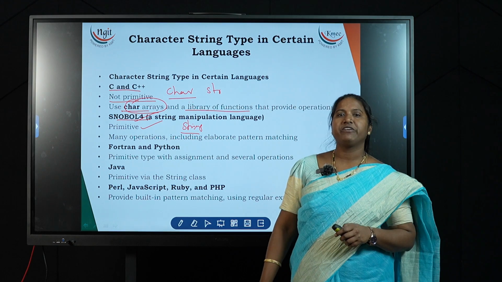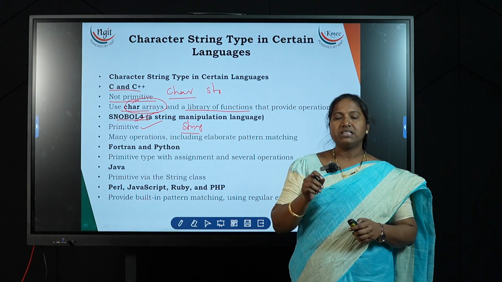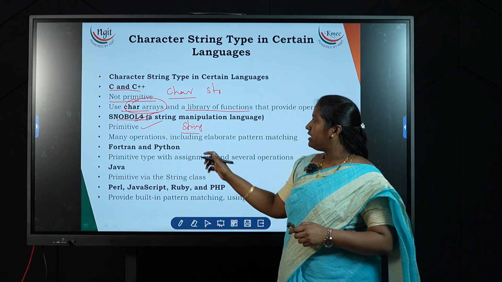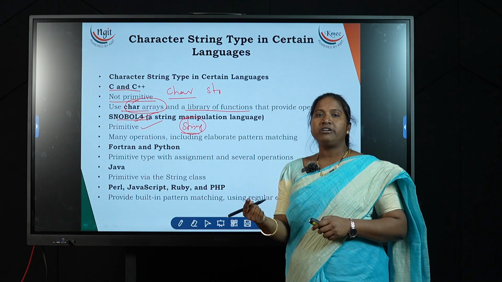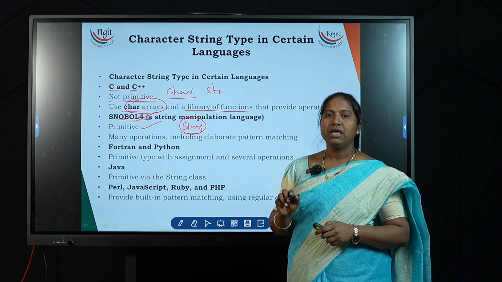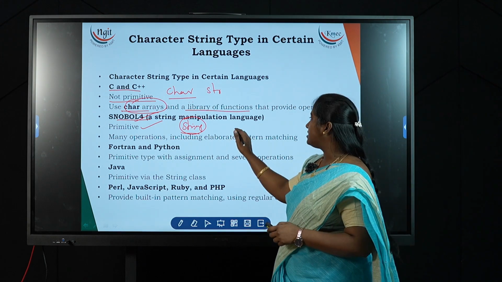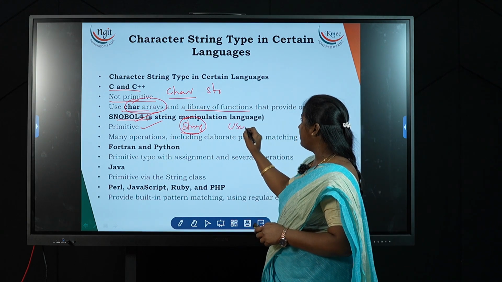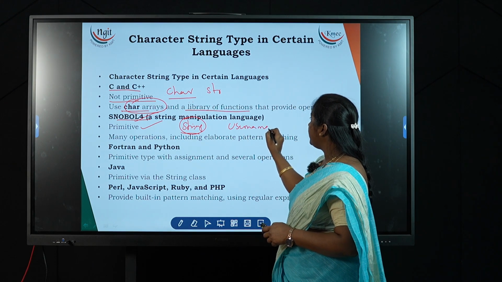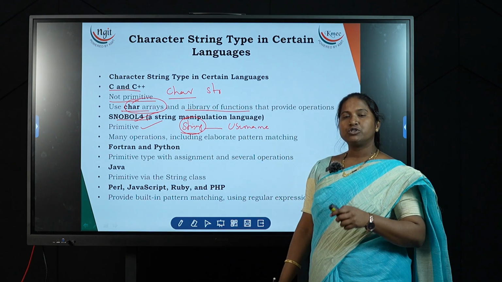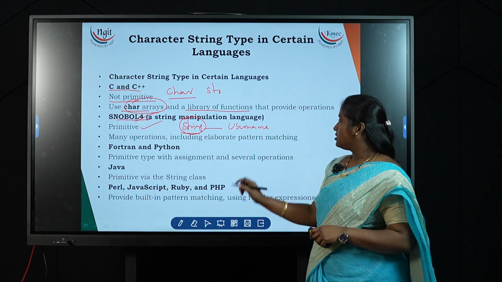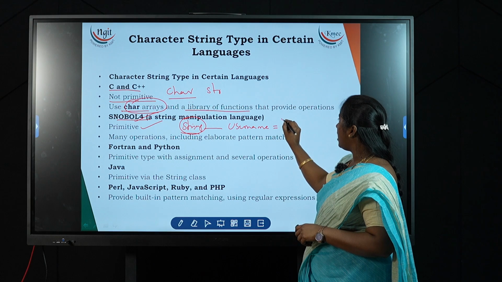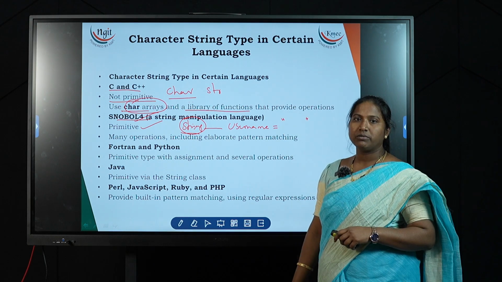Snowball is specifically a string-oriented language, and that's the very reason that even if you did not give a data type, the default data type is string. Let's say I give username and did not specify any data type before it. The Snowball compiler will take this as a string. So here you can give the name of the string whatever you want.